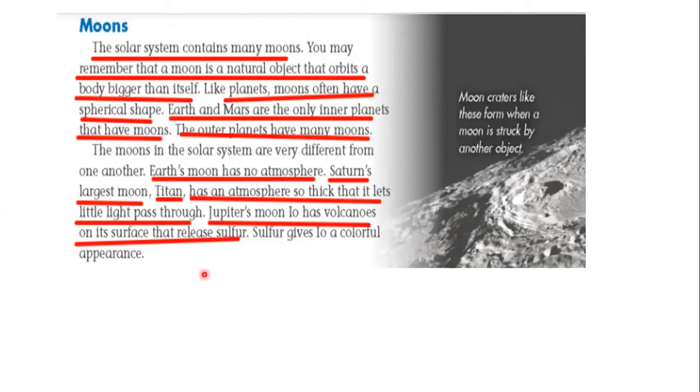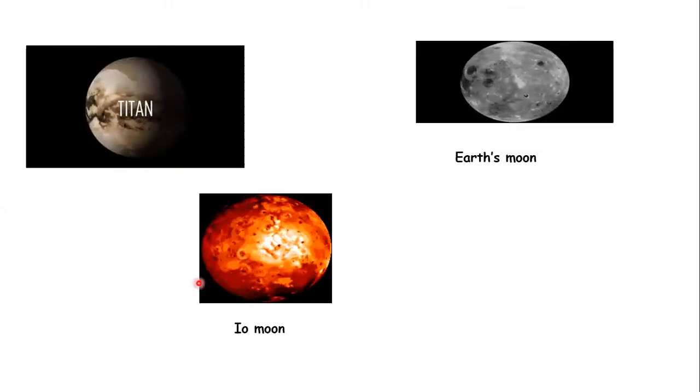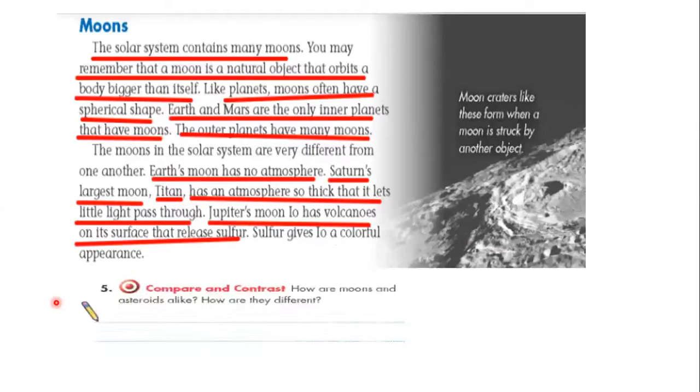Sulfur gives it a colorful appearance, as you see in the picture. Okay, compare and contrast. How are moons and asteroids alike? How are they different? Who can tell me, to get 3 points in Class Dojo?